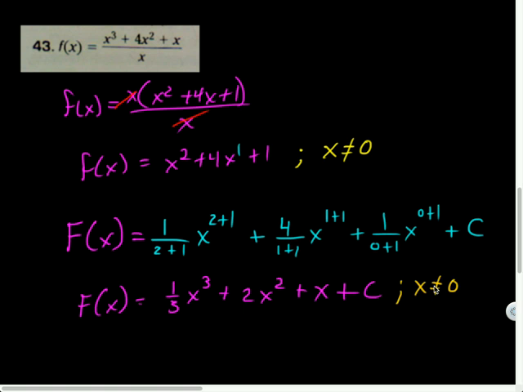Actually, if the derivative was undefined at x equals 0, that means the slope of the original function, or the antiderivative in this case, sorry, is undefined at that point.